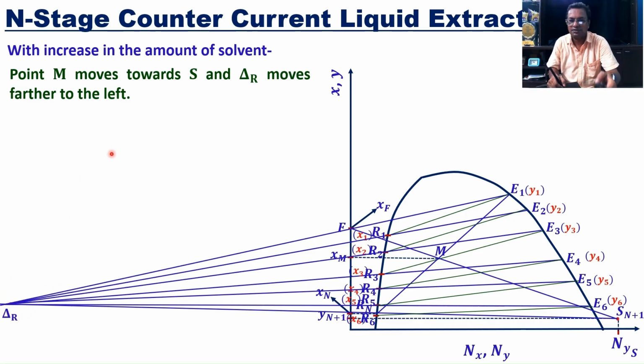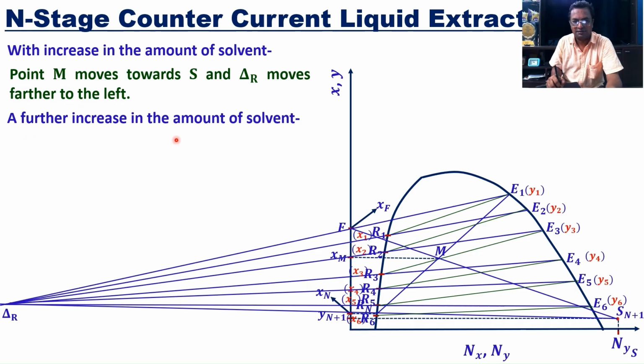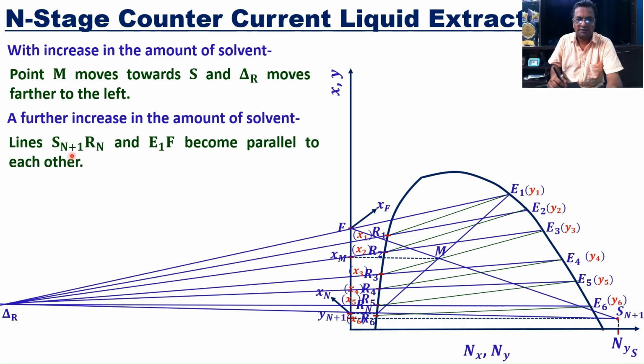When this happens, if you further increase the amount of solvent, what is going to happen? The line Sn plus 1 Rn and the line E1 F, the last and the first line, will become parallel to each other.